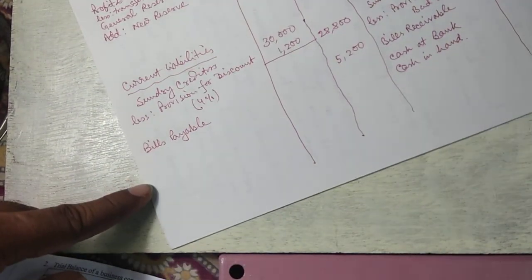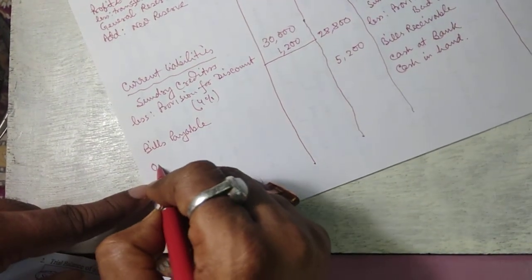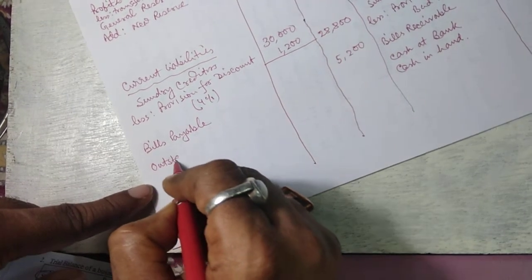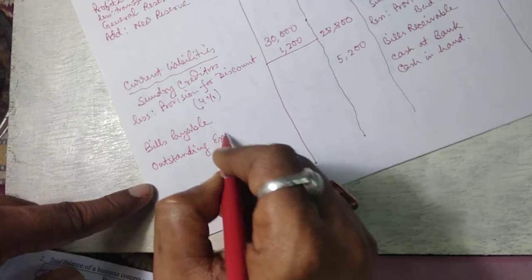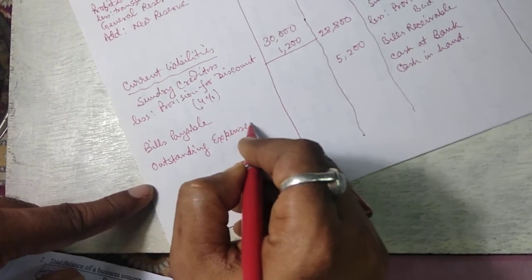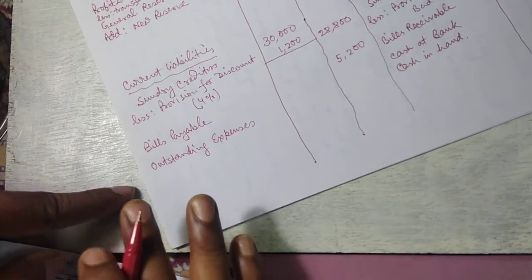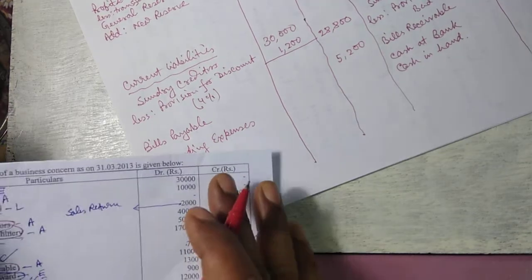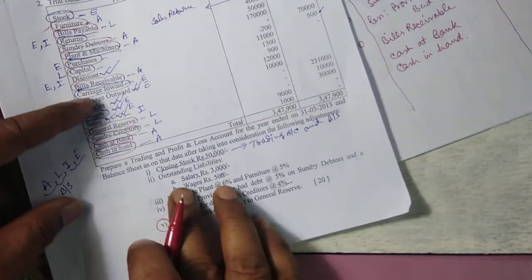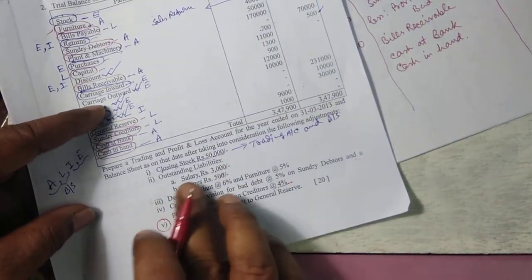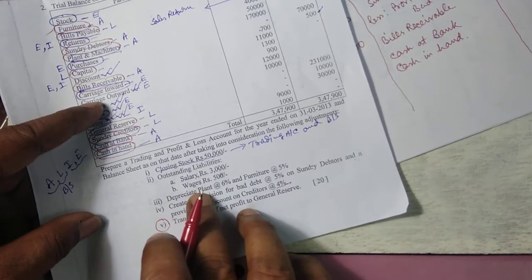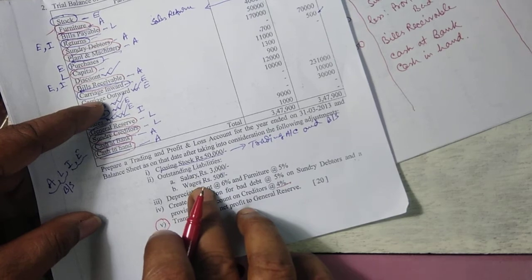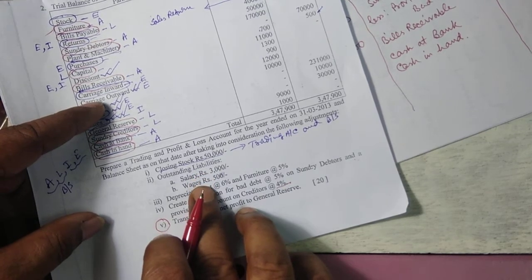Next, outstanding expenses. Is there any outstanding expenses? Yes, there is outstanding expenses. Here, outstanding liability, salary and wages. We have considered these two items while preparing trading account and profit and loss account.